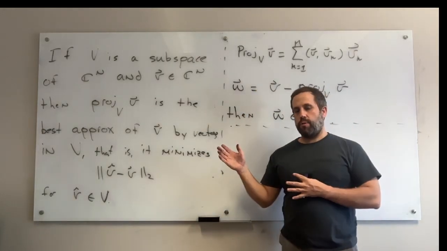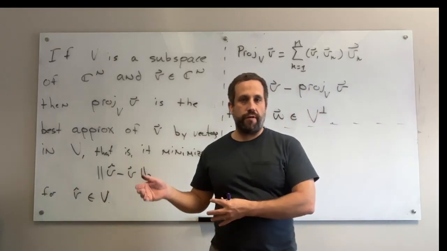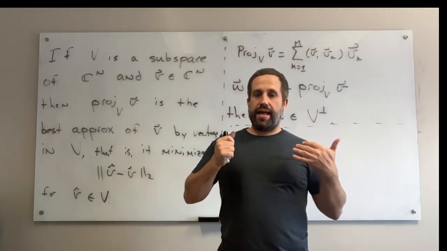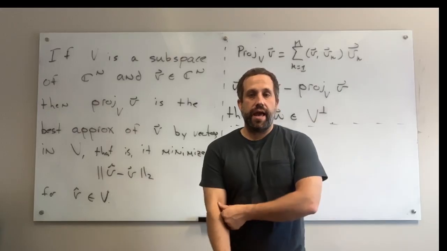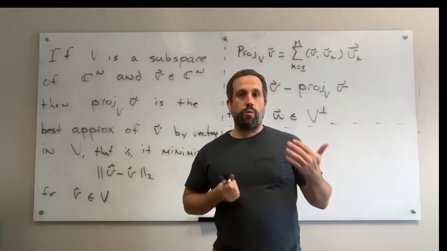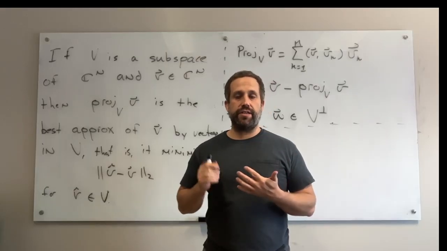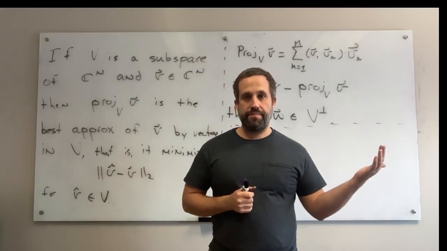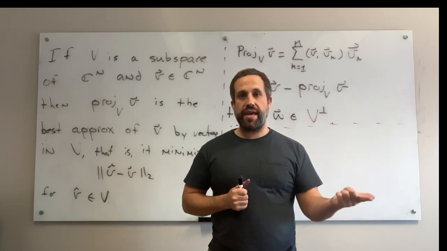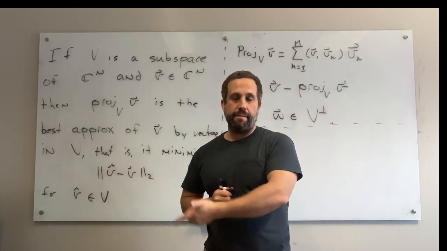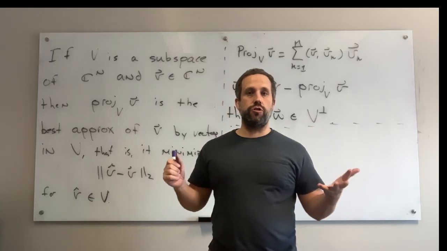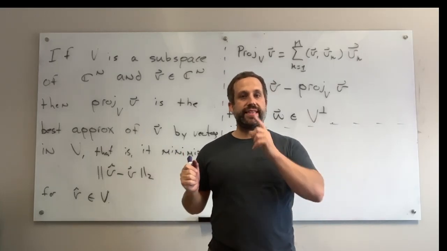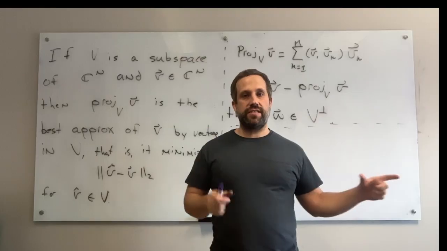So now why would we be in a situation where we want to solve something like this? In terms of systems of equations, it's going to be in a setting where we want to solve a matrix vector equation, Mx equals b, but the vector b is not in the linear span of the columns of M. Okay, so there's no solution, but what we want to do is find the x that will get us closest to that.